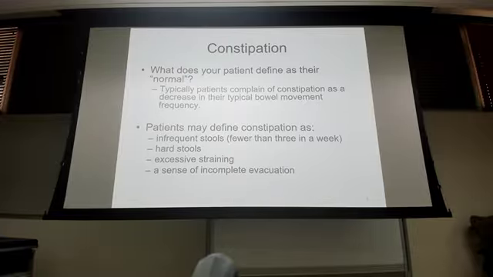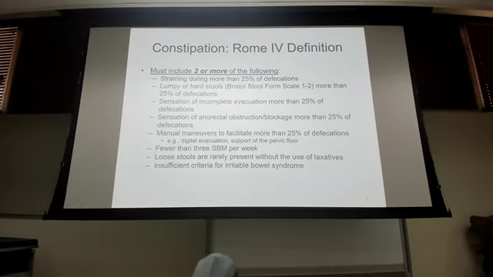Most patients would say fewer than 3 bowel movements a week, passing hard stools, straining, or incomplete evacuation, or feeling of incomplete evacuation as well, is constipation. But it's subjective. Just remember, constipation is subjective. But we do have a criteria.